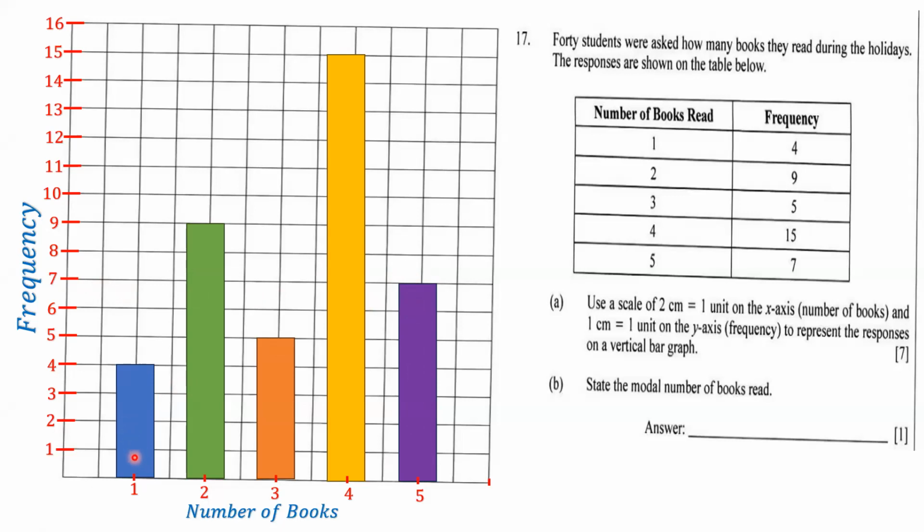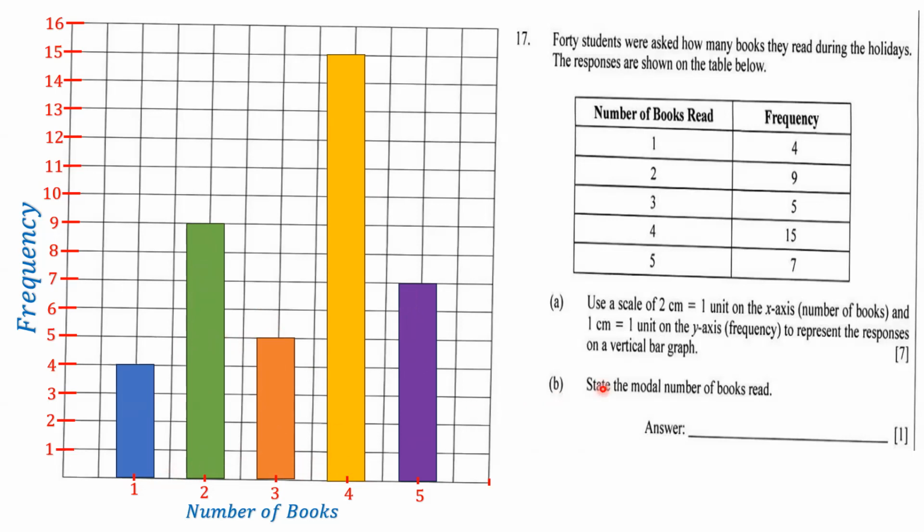All right. So again, 4 students read 1 book, 9 students read 2 books, 5 students read 3 books, 15 students read 4 books, and 7 students read 5 books.